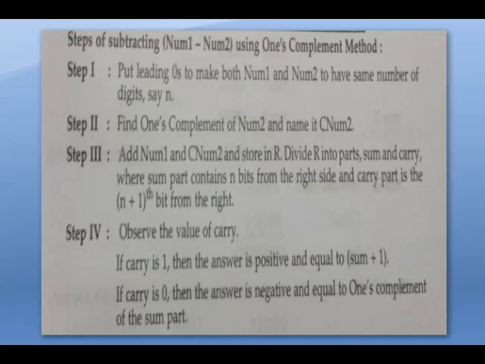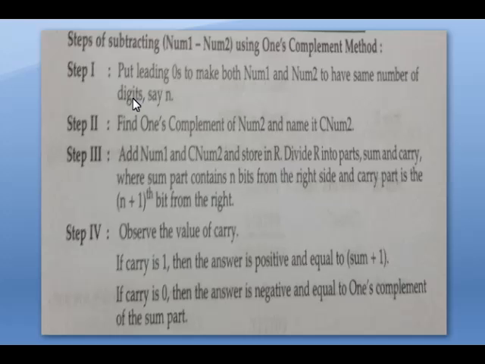Before going for the subtraction of the numbers, we have to learn some steps to do the subtraction process by using the ones complement method. Step 1: put leading zeros to make both number 1 and number 2 have the same number of digits.